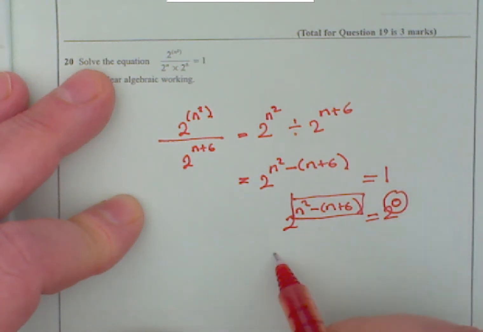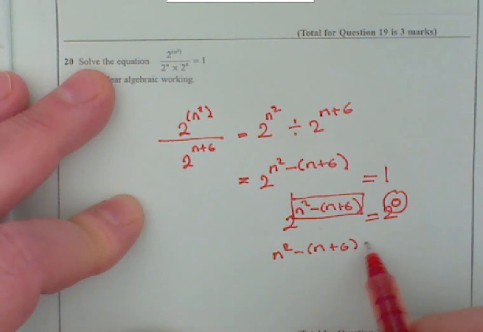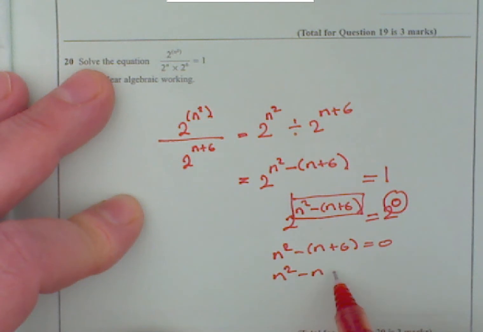So now I'm writing n squared minus n plus 6 is equal to 0, which if I then use the minus on the n and the 6, I get n squared minus n minus 6 equals 0, which factorizes into n minus 3, n plus 2 equals 0, and so n is equal to 3 or minus 2.